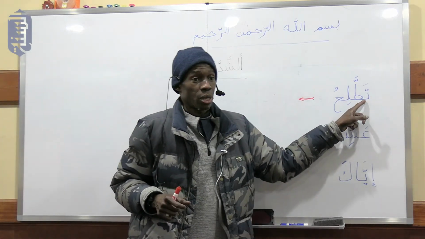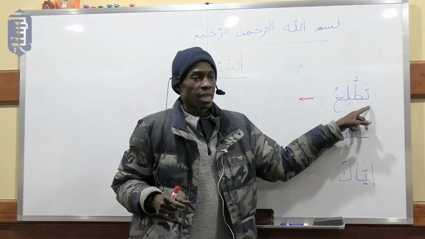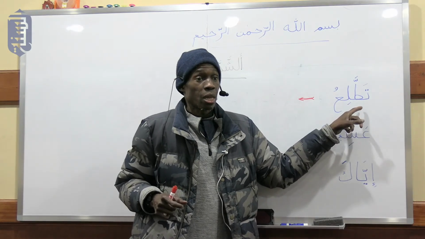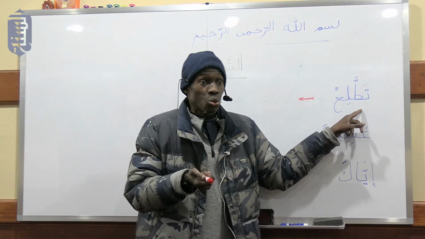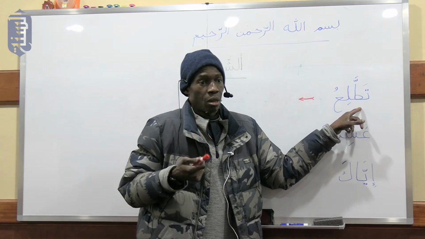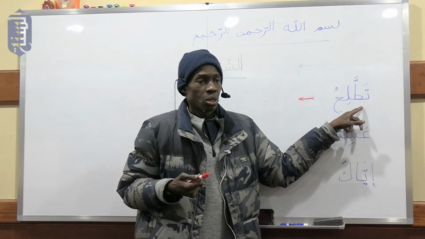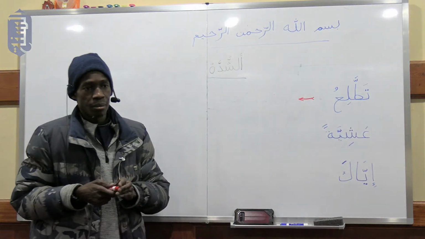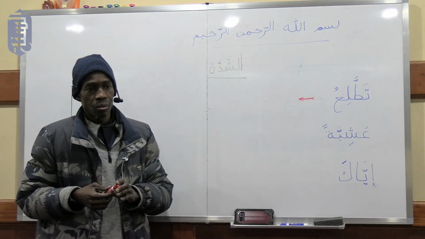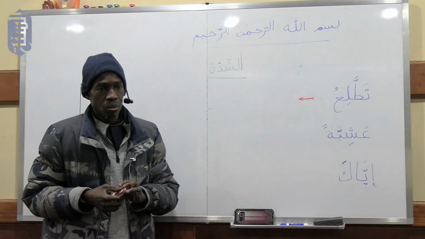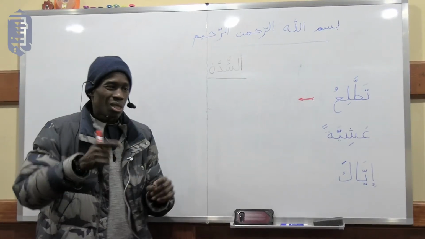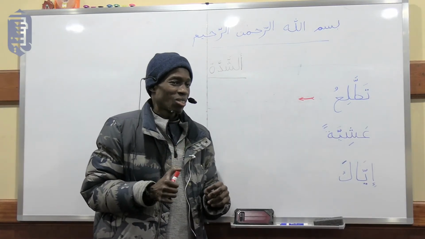Begin with the light one. Ta-po. Ta-po. And it has qalqala because even though you said shadda, it's actually a sukoon. So I have to hear the qalqala. So ta-po. One more time. Ta-po. See, easy.